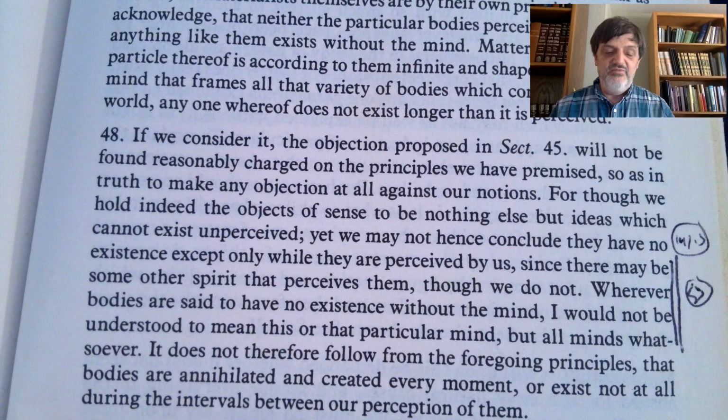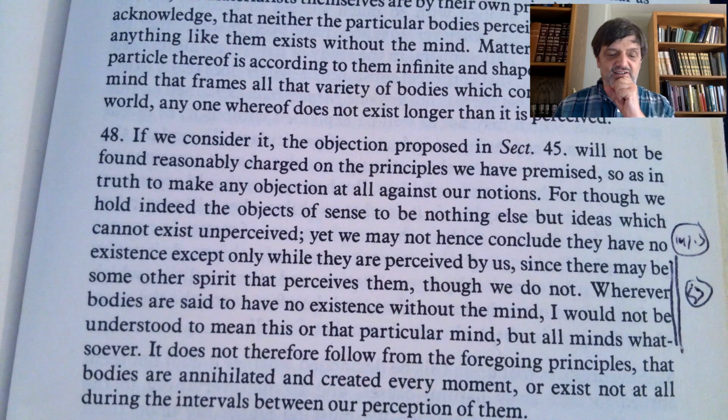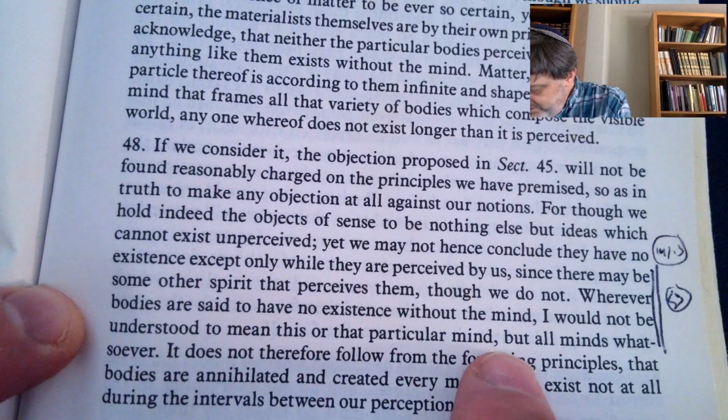And then when I open them, they come into existence from nothing again. That sounds absurd. And first he has some argument why it's not so absurd as you might have thought.